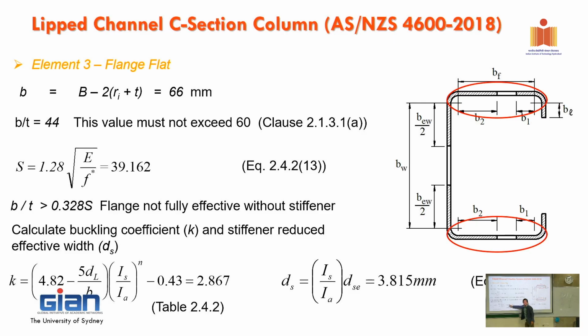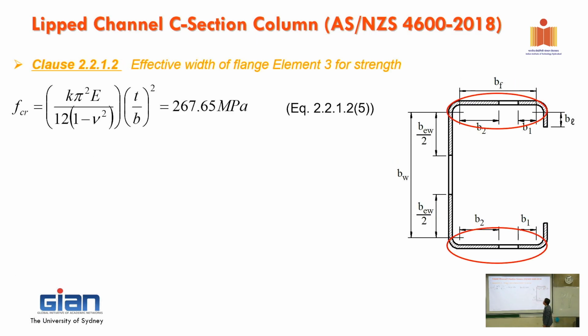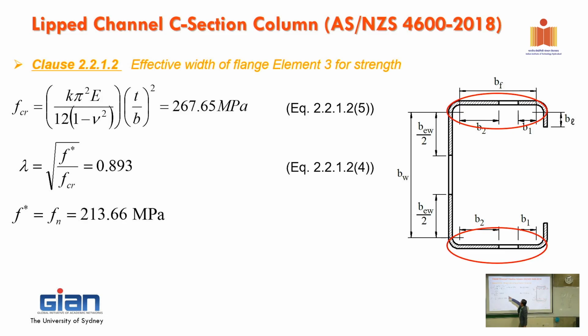So that's showing you the effect of the lip on the buckling coefficient. Right, so that's it. Then once you do it, you can calculate the F critical of the flange. And K now is 2.8, what we just calculated.